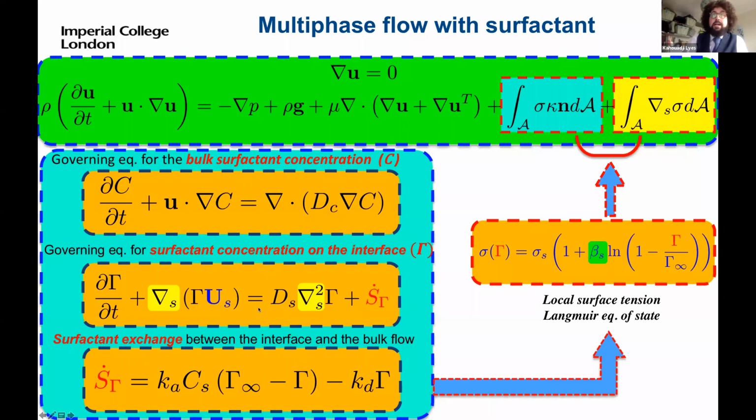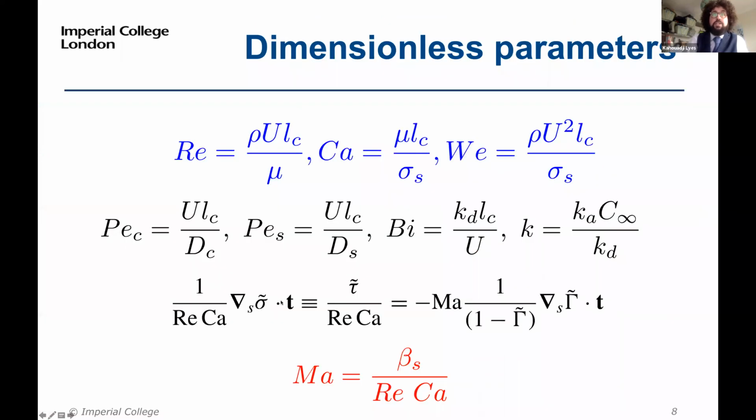The sigma is the surface tension, a tangential stress. And when we divide by Reynolds times the capillary, it gives you something that looks like the Marangoni number. So we define the Marangoni number as beta S, where beta S is the elasticity, divided by Reynolds and the capillary.